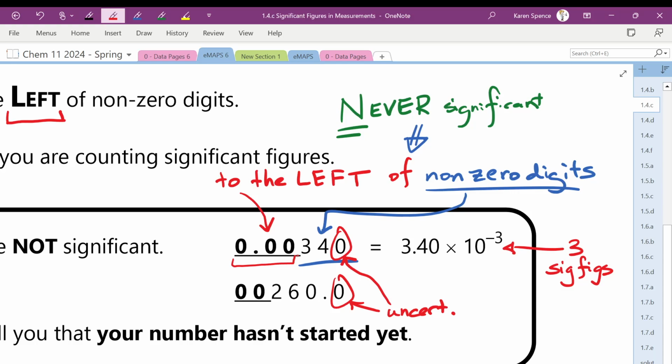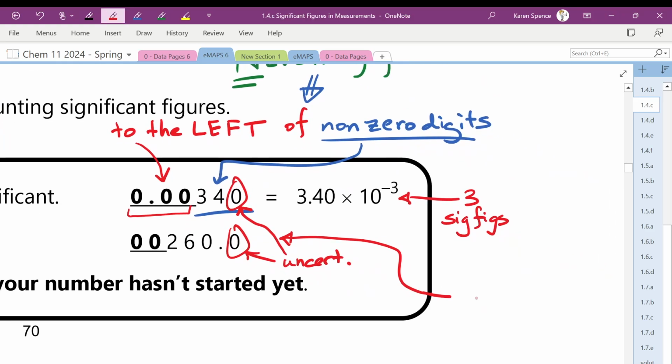So I say this is certain, this is certain, this is certain, this one is uncertain. So that's 1, 2, 3 certain plus 1 uncertain gives us how many sig figs? 4 sig figs. So once you start counting, don't stop until you get to your uncertain digits. So this number here would have 4 sig figs.